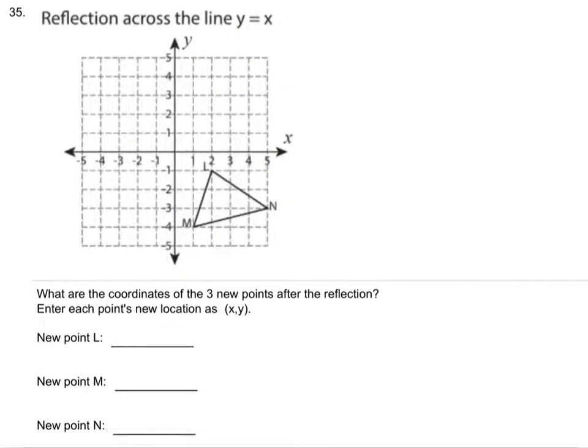And now number 35, we're going to reflect, again, another triangle, this time across the line y equals x. So what's the line y equals x? Remember, that's the diagonal line that goes right through the diagonals of all those squares. That's the line y equals x. Why is that the line y equals x?